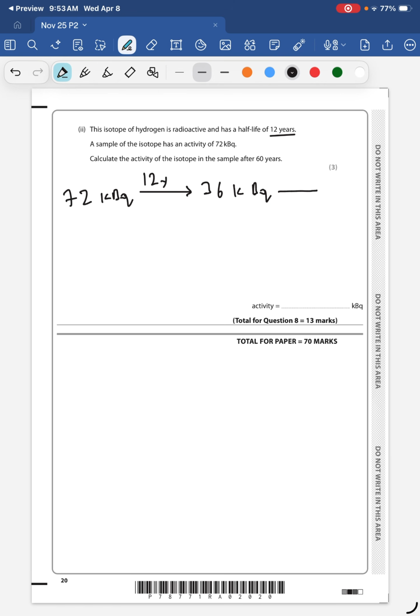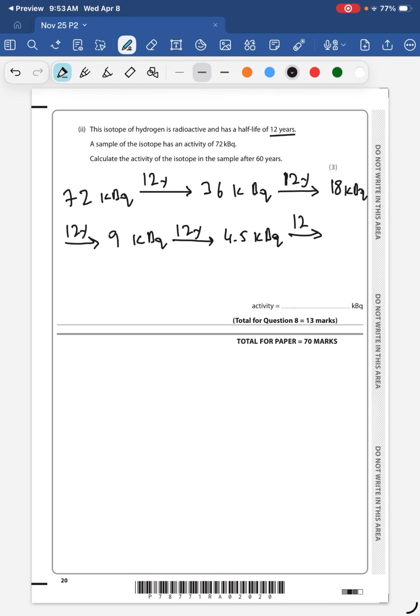Then in another 12 years, 24 years in total, we will have 18 kilobecquerels. In another 12 years, we will have 9 kilobecquerels. Then in another 12 years, 4.5 kilobecquerels.